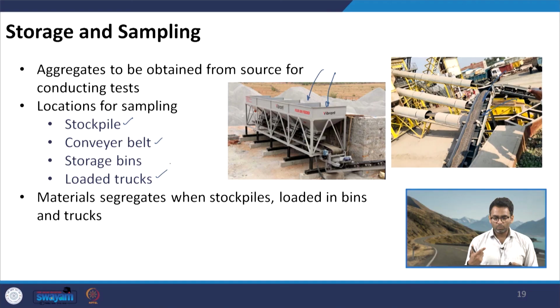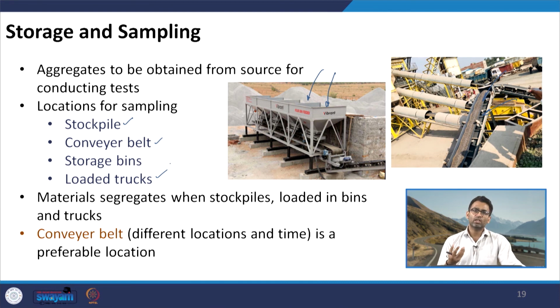Therefore, sampling becomes more difficult, and you have to adopt some good practices if you are targeting stockpiles. Otherwise, the conveyor belt is a suitable option from where the material can be taken for testing. Even on the conveyor belt, we can take material from a particular location at different times, and we can also take material from different locations of the conveyor belt for testing in the laboratory.